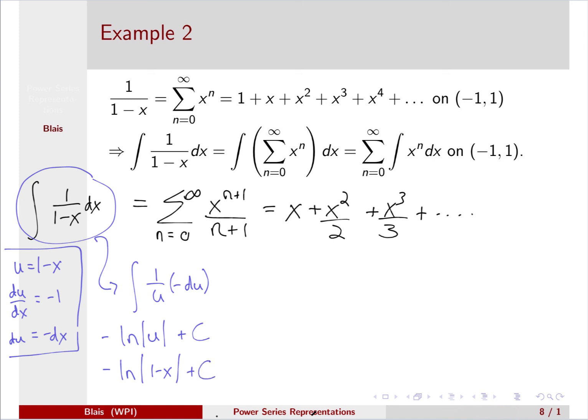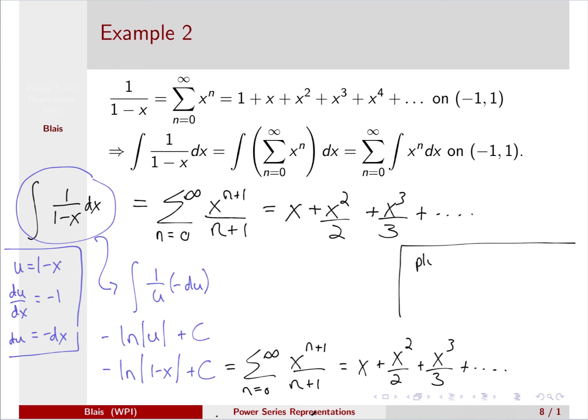And we know that that has to be equal to this power series on the right from our theorem. So this is equal to the sum as n goes from 0 to infinity of x to the n plus 1 over n plus 1, or x plus x squared over 2 plus x cubed over 3, so on and so forth. And we can then note what happens if we plug in x equals 0 and see what we should get for this c.